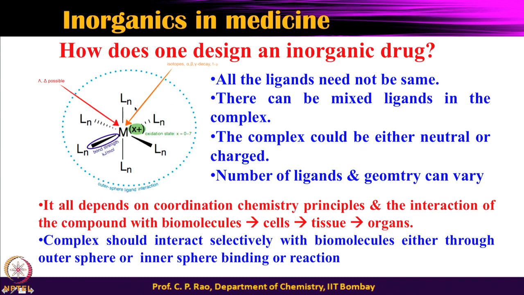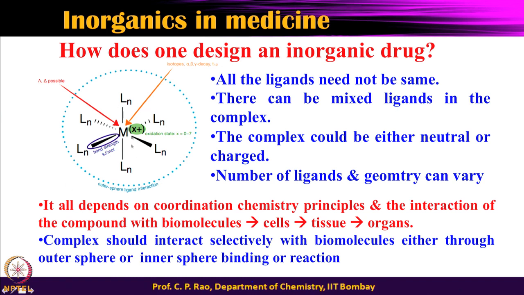Thus, you can have a plethora of inorganic complexes. We cannot call all of them drugs, only those which show activity on some enzymes, cells, tissues, or organs. Those we can call drugs, and all other things are simply inorganic compounds, inorganic complexes.